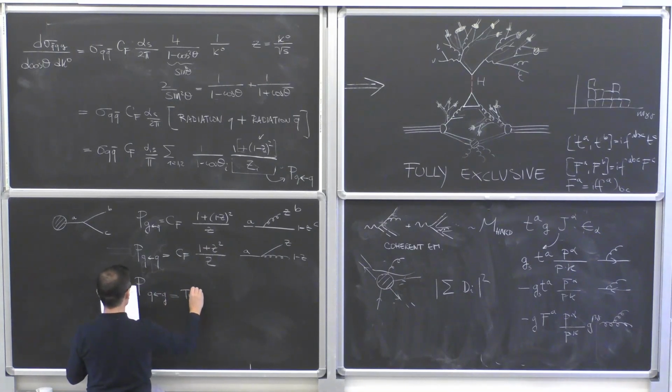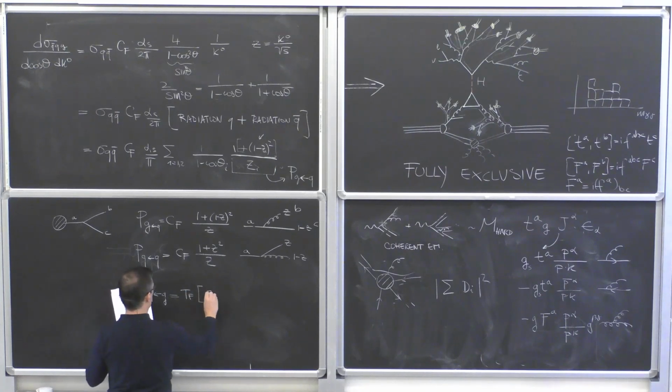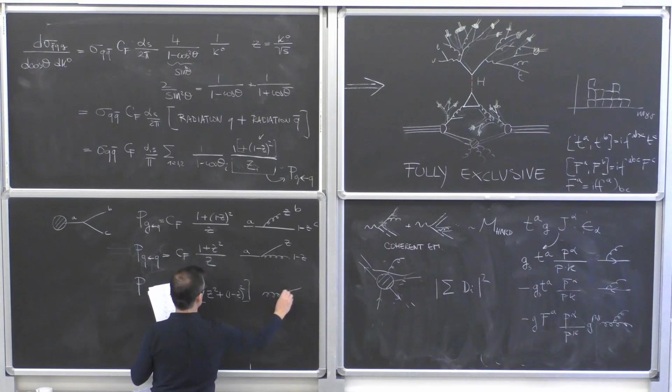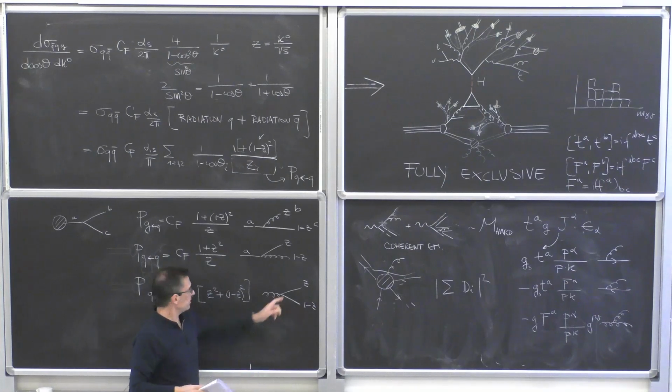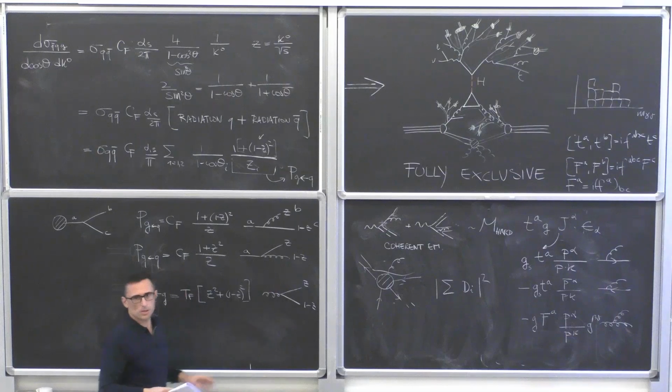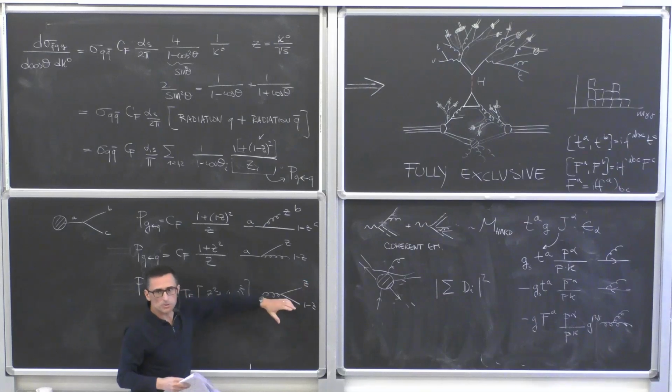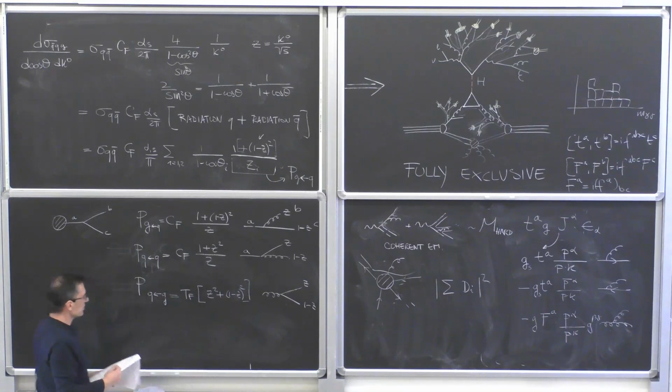This is symmetric, and there's no pole. There is no soft divergence here, right? I mean, if you have one of the quarks that goes soft, there is no divergence because there is no Born, right? Because a gluon cannot go into a quark and that's it. So there is no Born on which to factorize.